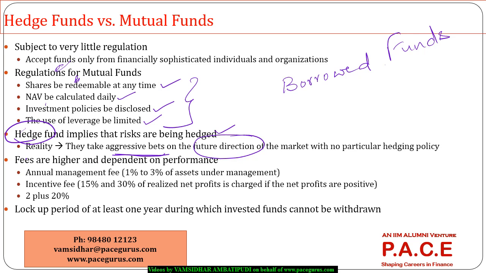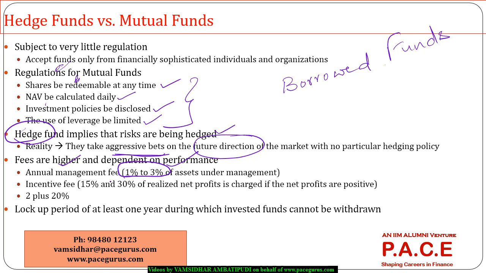And the fees that the hedge funds typically charge are very high, and in many cases the fee they charge is very much linked to the performance of the fund as well. So there are two major components, one being the annual management fee, which is based on assets under management.